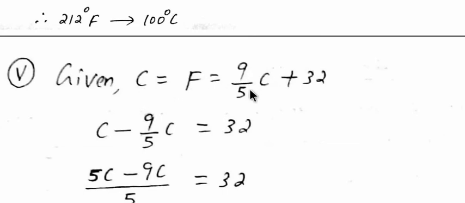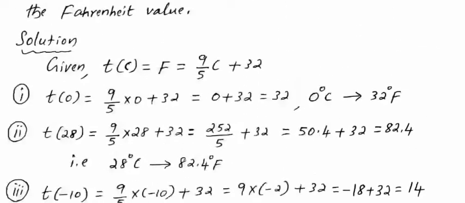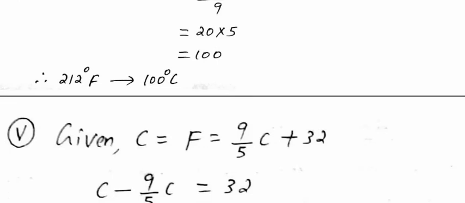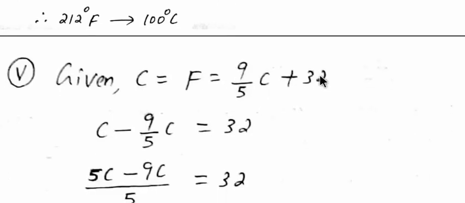What is F? F is 9 by 5 C plus 32. Therefore, instead of F, we can write 9 by 5 C plus 32. Since Celsius and Fahrenheit are equal, we equate C is equal to F, and F is equal to 9 by 5 C plus 32.